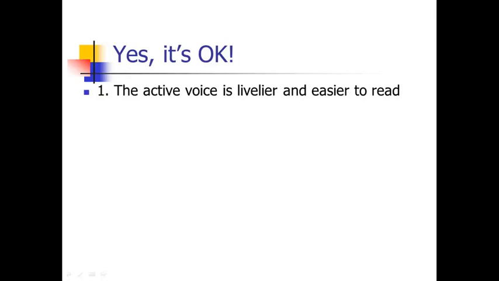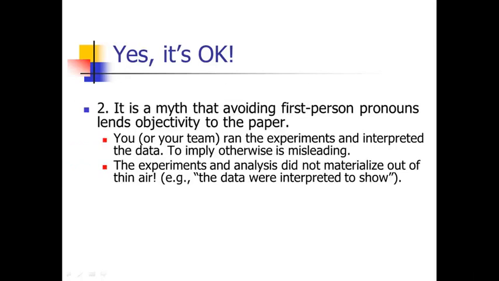There are other reasons too. Another reason is that I think this prohibition against first-person pronouns probably crept in because of the idea that if you take the we or I out, you take yourself out of the manuscript, it would somehow lend the manuscript objectivity. And really, I think this is just a myth.